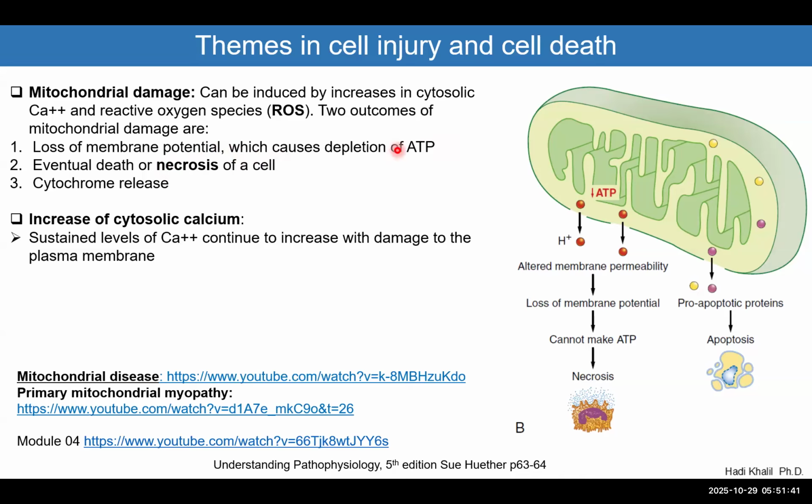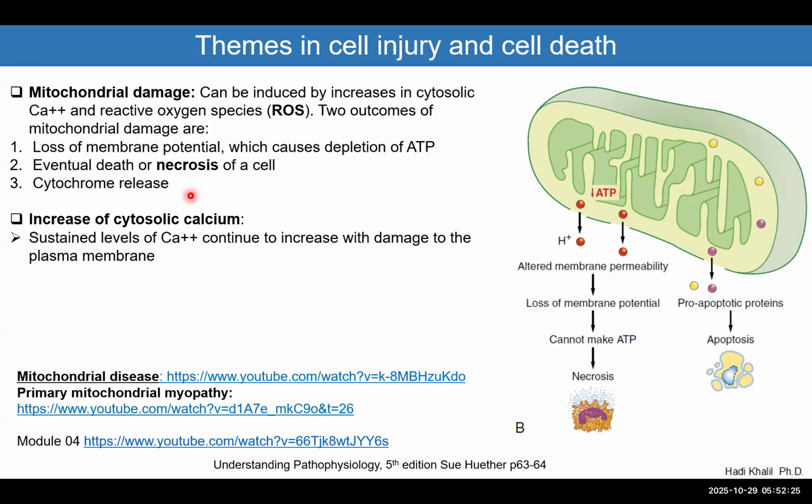Okay. And eventually, there is cell death that most of the time goes through necrosis, which is a type of cell death that is not organized. However, another protein that we discussed is cytochrome C. Remember cytochrome C, which is responsible for the transport of some of these electrons from one complex to another.